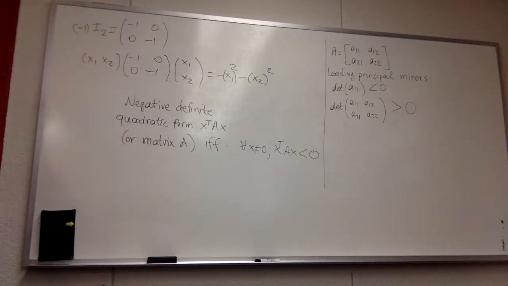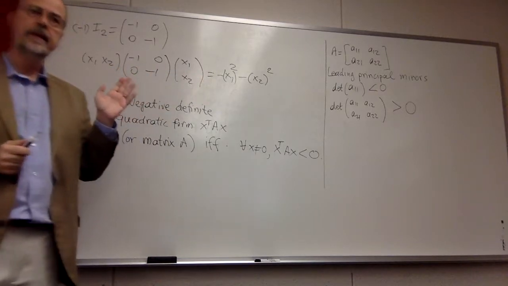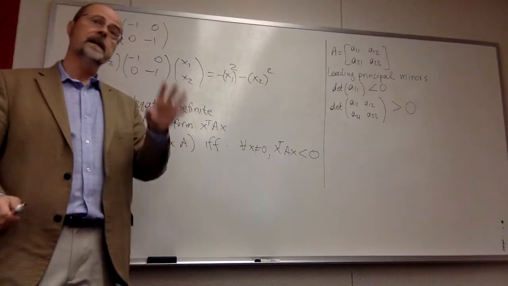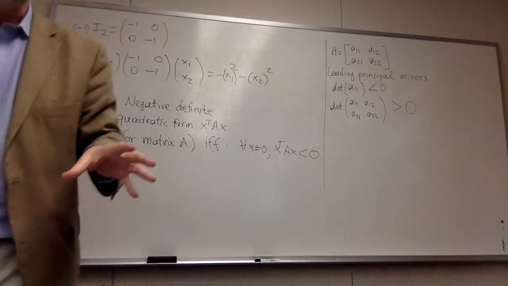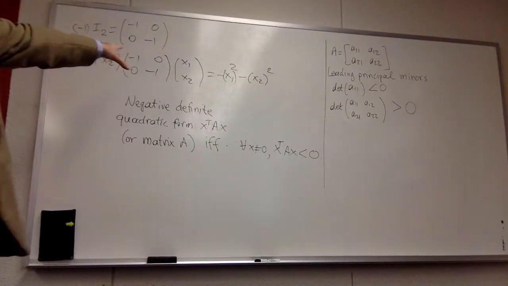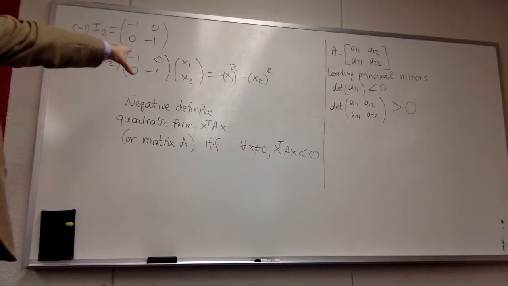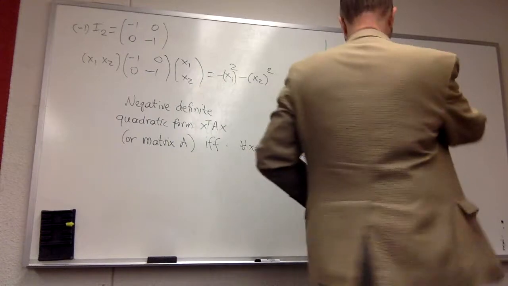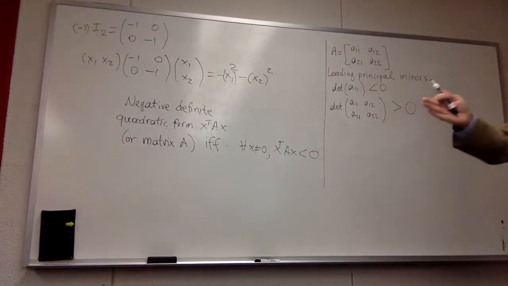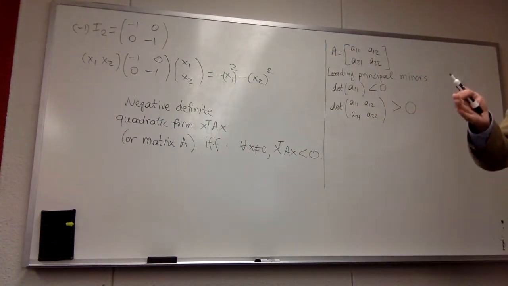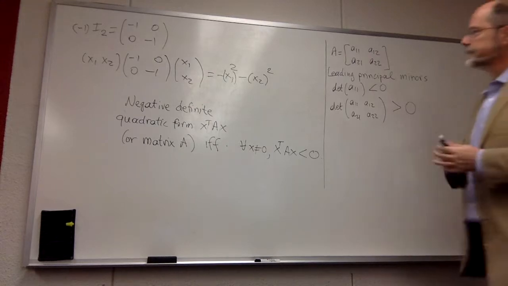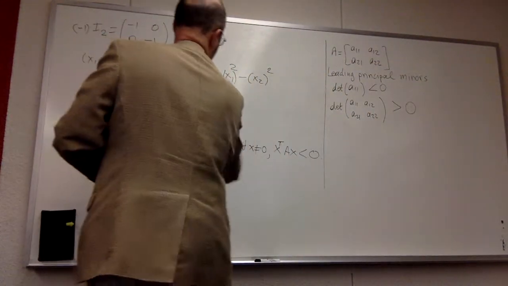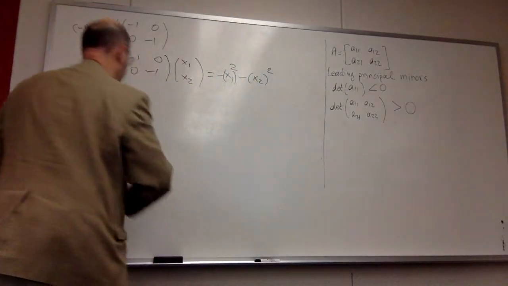Now, it ought to be obvious that if you take any x1 and x2 here, any whatsoever, just as long as they're not both 0, this is negative. Right? Yes? Okay. So let us calculate its leading principal minors and see what they are. So I'll delete this now. I want to do it down here. Okay.